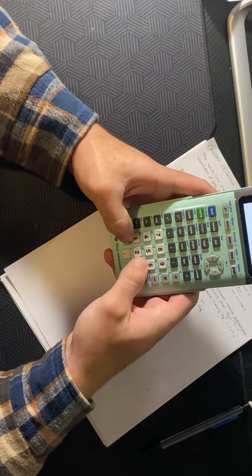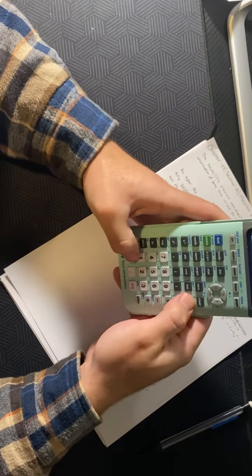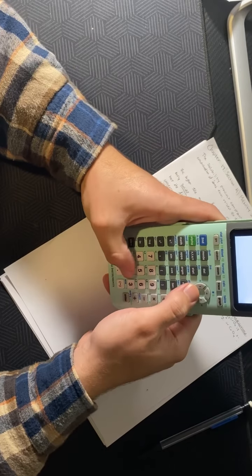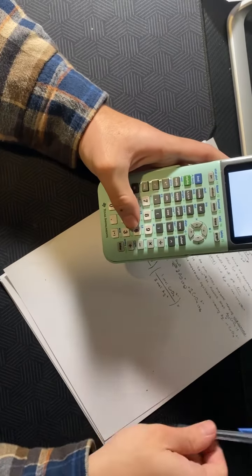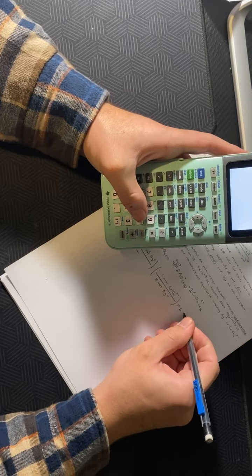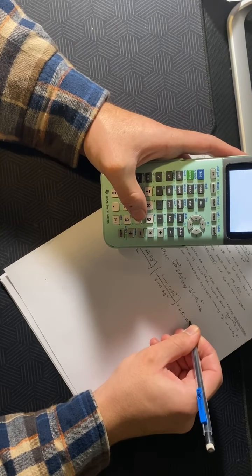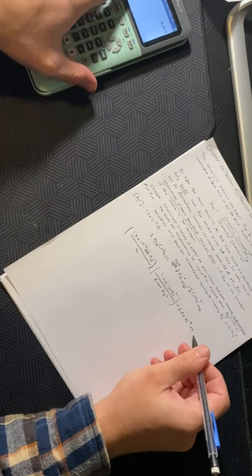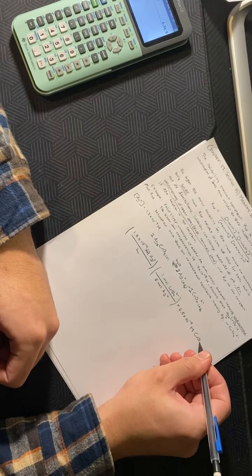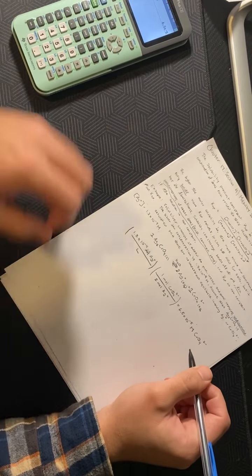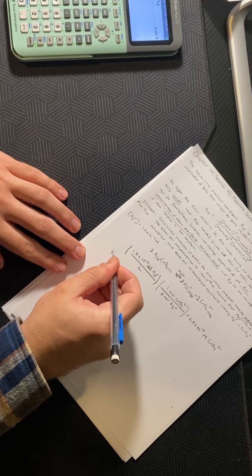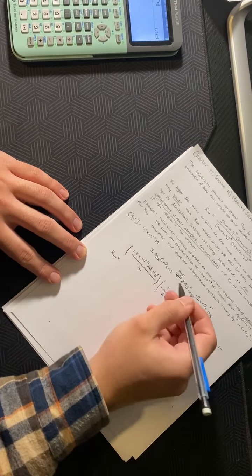And let's see what we get with this. We have 1.3 times 10 to the negative 4 times 1/2, and we get 6.5 times 10 to the negative 5 molar. So that's the concentration of our chromate ions. So why do we want this? Well, we want this because our KSP formula is the products over the reactants.